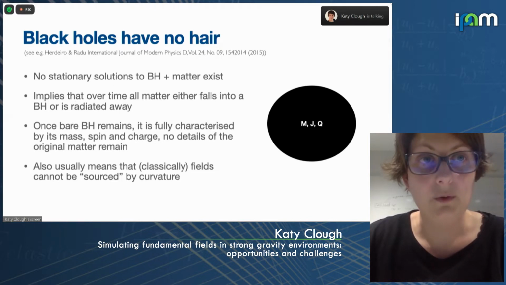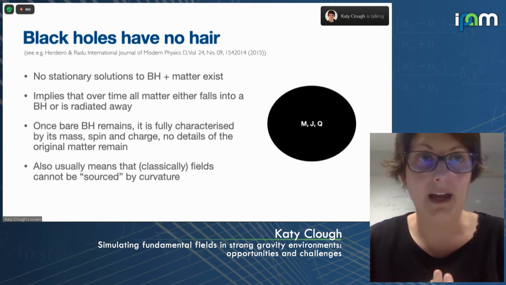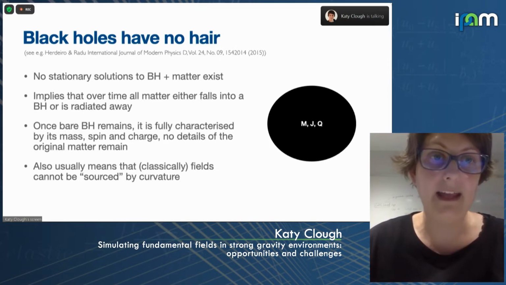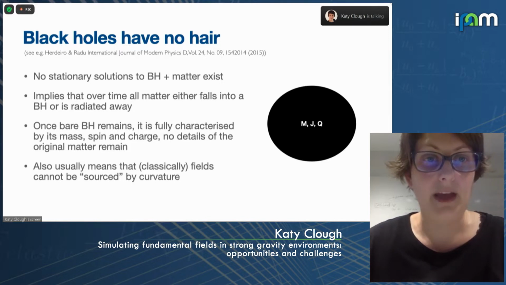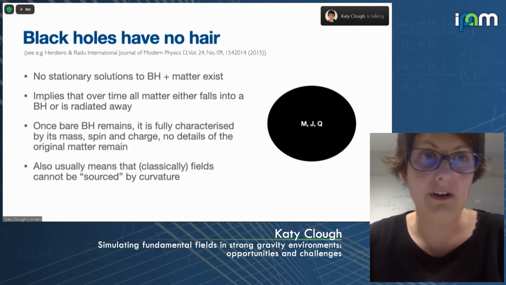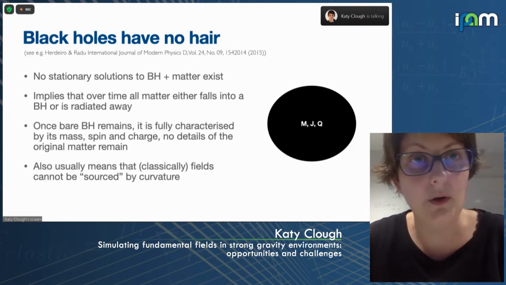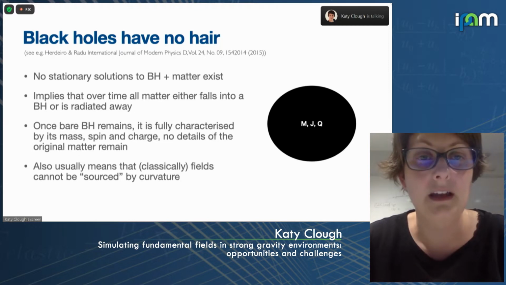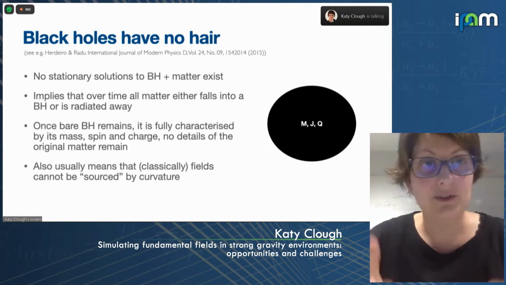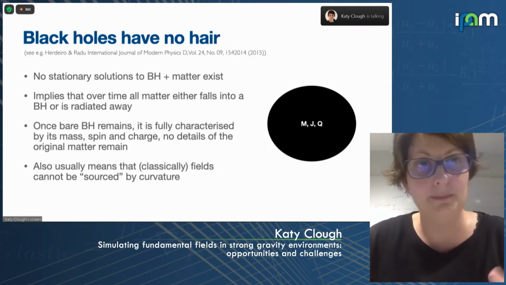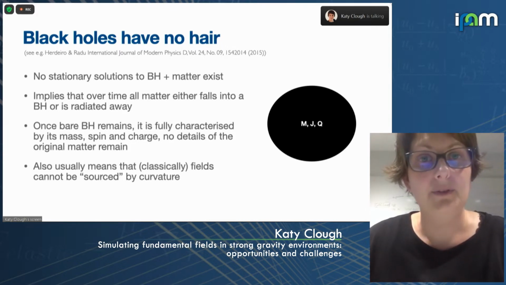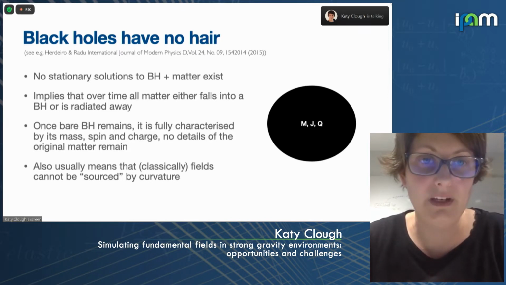So over time, all matter is either going to fall into the black hole or be radiated away, leaving a bare black hole fully characterized by its mass, spin and charge. There will be no details left of the original matter, so we won't know what matter went into it. While the matter is around, of course, it's not a bare black hole, but the end state will be.